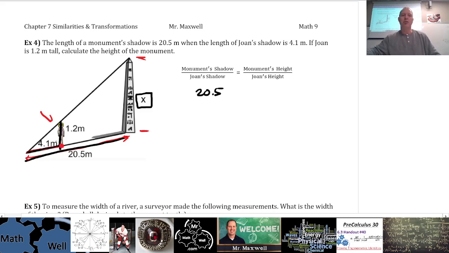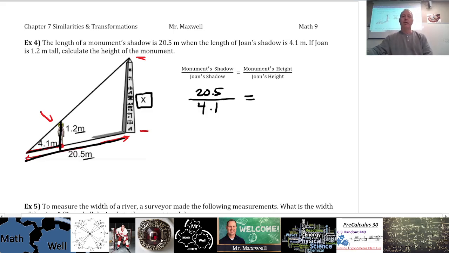Now, we've got to make sure that these are all in the same units, and if they are, you don't have to write the units in every step of your work, okay? Because we might have to do a little conversion first. If one was in centimeters and the others were in meters, we would have to convert everything to the same unit, right? But if they're all the same units, you don't have to put the units in the work for me, okay? So 20.5, Joan's shadow is also given, isn't it? 4.1, okay.